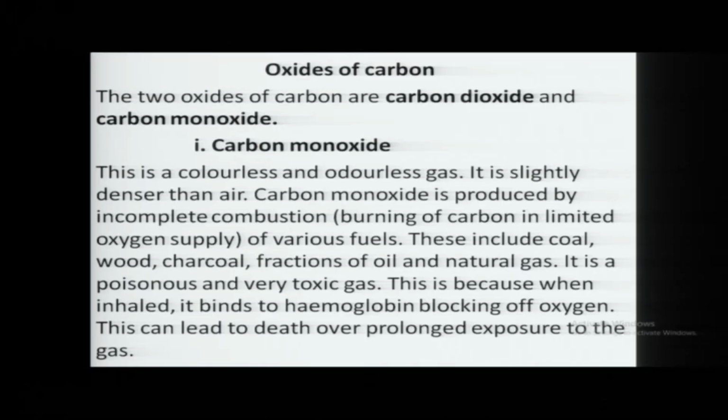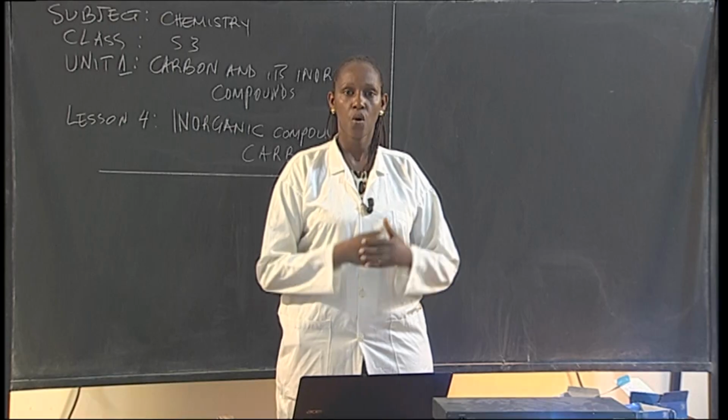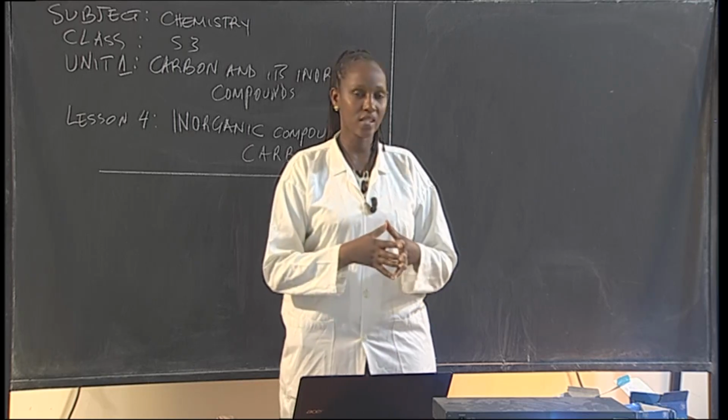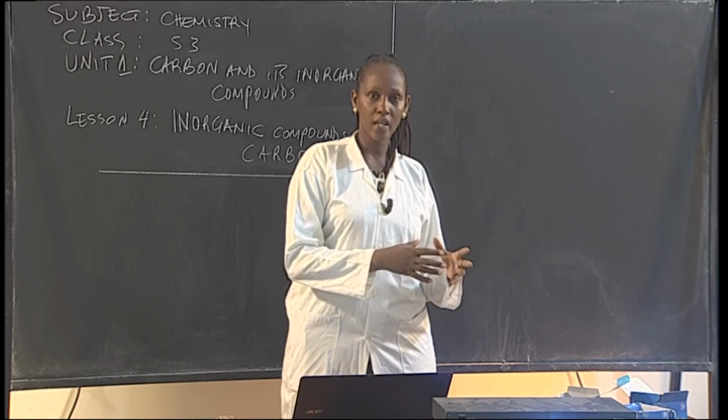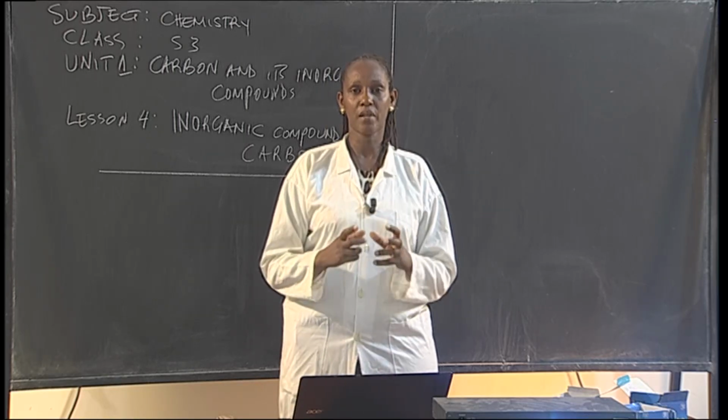Oxides of carbon. Normally, the oxides of carbon are two: carbon dioxide and carbon monoxide. We have been looking at these two oxides, where we said that carbon monoxide is formed when you react oxygen with carbon in limited oxygen.